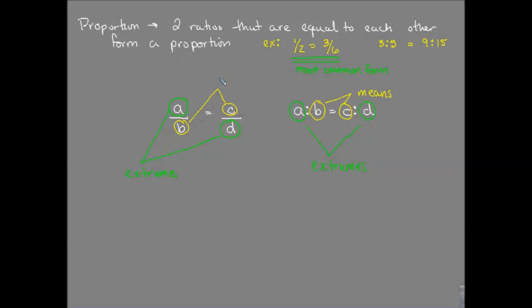And even if it's written as a fraction, you still have the means. Okay. And there's a property where, if you multiply the means together and you multiply the extremes together, you get what's called a cross product.